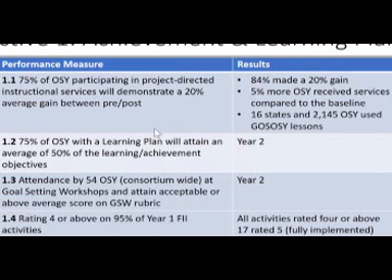1.2 and 1.3 are both performance measures that we're going to be evaluating at the end of this year 2. And in year 2, much of this instruction is happening in the summer, this coming summer, or for some states has been happening throughout the regular school year. 1.2 says 75% of OSY with a learning plan will attain an average of 50% of the learning and achievement objectives.